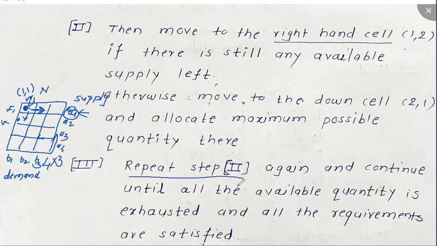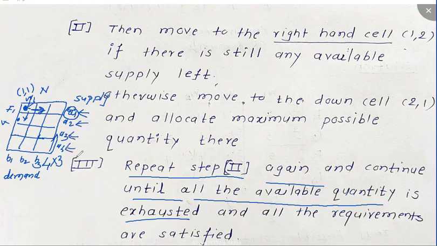Repeat step 2 again and continue until all the available quantity is exhausted, that is finished, and all the requirements are satisfied. So continue this process until all the available supply is exhausted and all the requirements satisfied.